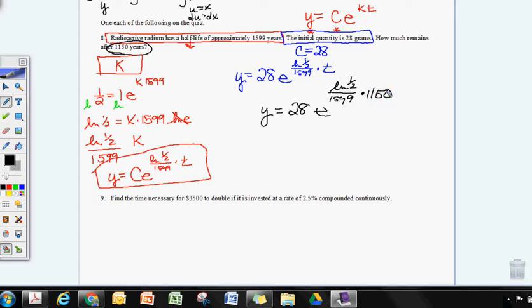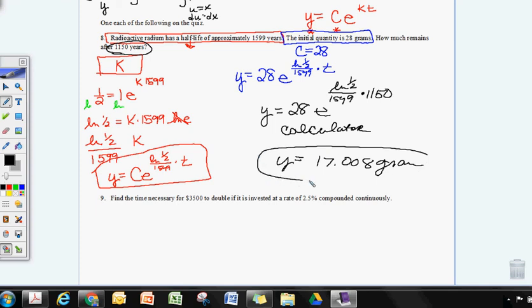The t was replaced. This is a calculator problem. You need to put this onto your calculator. And when you do that, you should end up with y equaling 17.008 grams. Okay, that's your final answer.